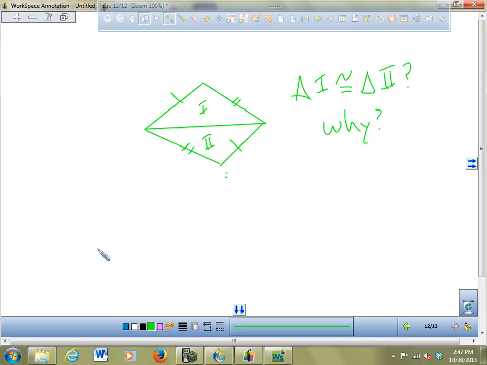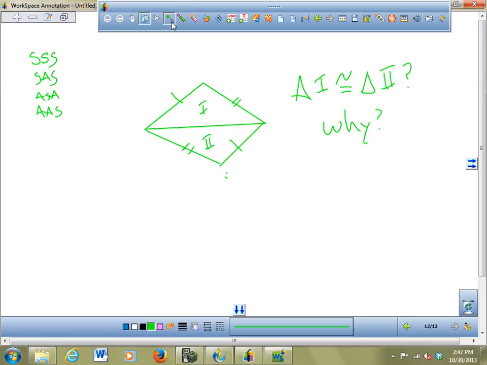Yes or no? Yes. Why? Flip it over like this. Yeah, but you have to use one of those properties. And the properties that I know are either side-side-angle, side-angle-side, angle-side-angle, angle-angle-side, or side-side-side. Where's the other side? The middle. Okay, very good.